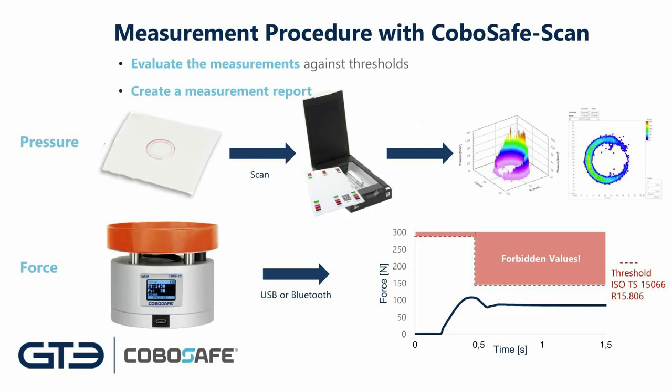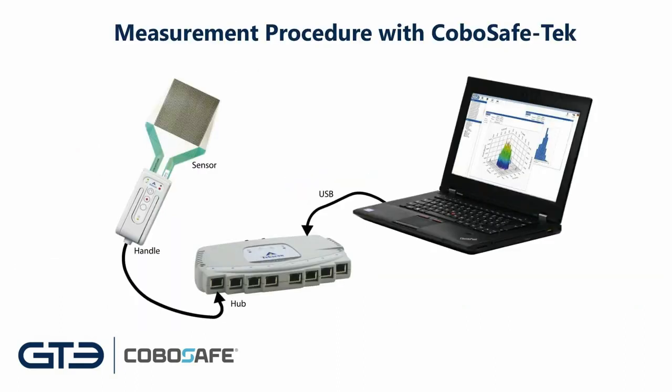So I will now give you a short insight of our CoboSafe Tech system. You need a sensor. It's an electronic film which needs to be connected to a handle. The handle is connected to a hub, and that one is connected to the PC.